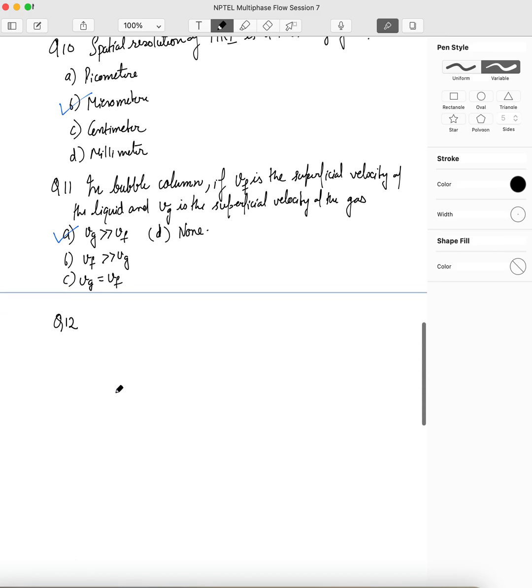So next question is, slug flow regime can be observed in bubble column.